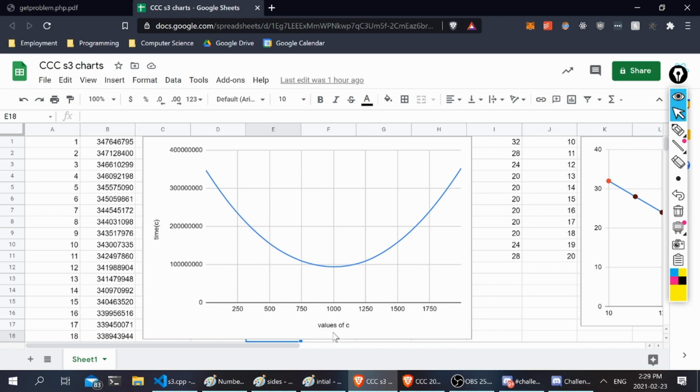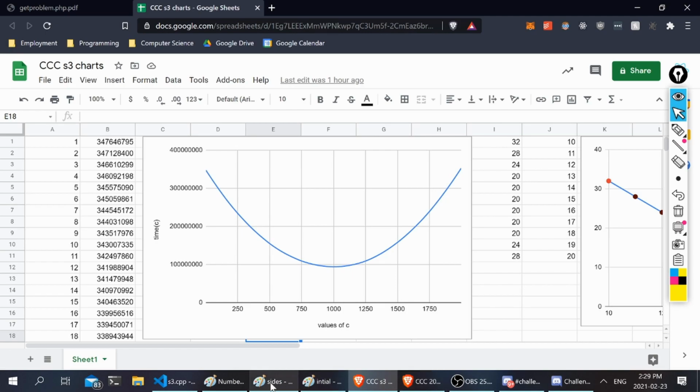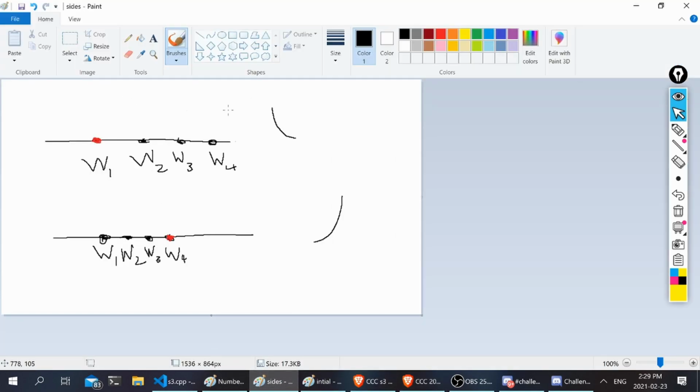Now one question that might be posed is, oh, but why aren't there multiple minimum points? Well, the reason there are no multiple minimum points is that in order to have multiple minimum points, we would have to have some sort of graph like this. There's going to be a minimum, but there's also going to be a maximum, right?